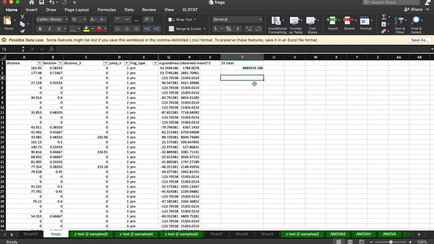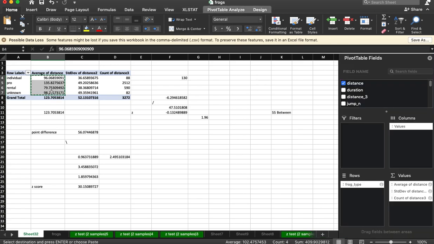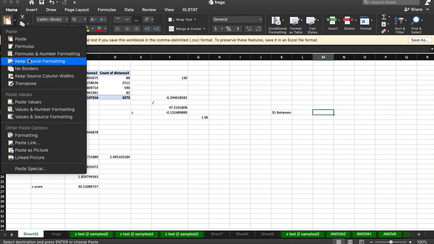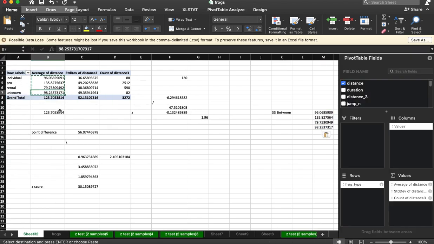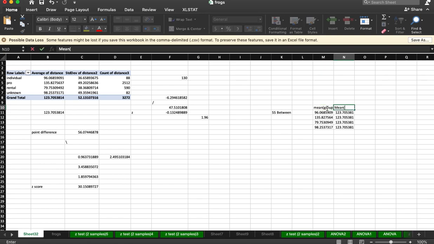Okay, great. Now, a slightly different thing we need to do. We need to calculate the sum of squares between. To do that, we're going to take all of our averages here, and we're going to subtract those from this number. We're going to do the same thing. So this is the mean of each group, and this is the mean of the grand total.